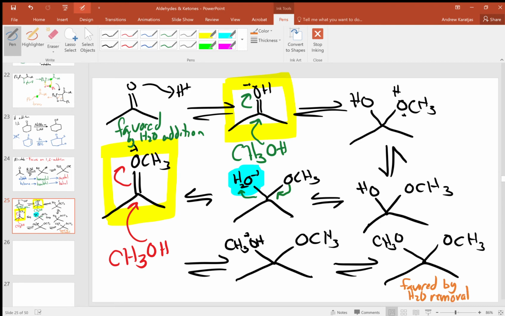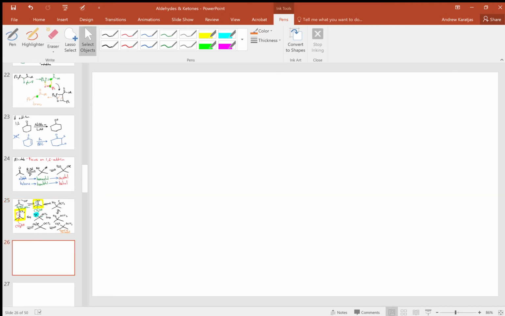Now, there's a number of different things that this reaction can be used for. And this reaction actually has a number of advantages synthetically. One of those roles is what we call a protecting group.